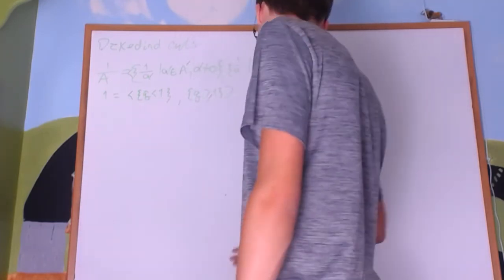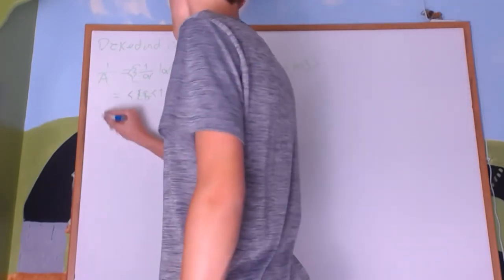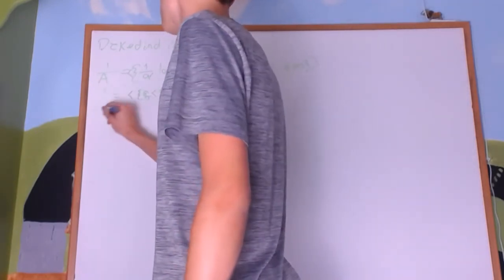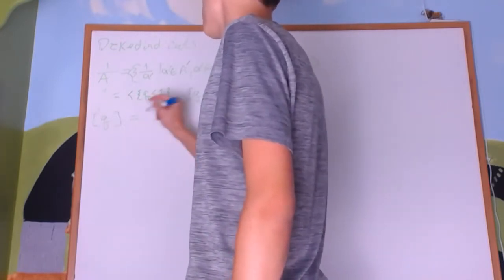So now for any rational number, we can create a representative of it in the Dedekind cut world, which I'll represent by a Q with little brackets around it.